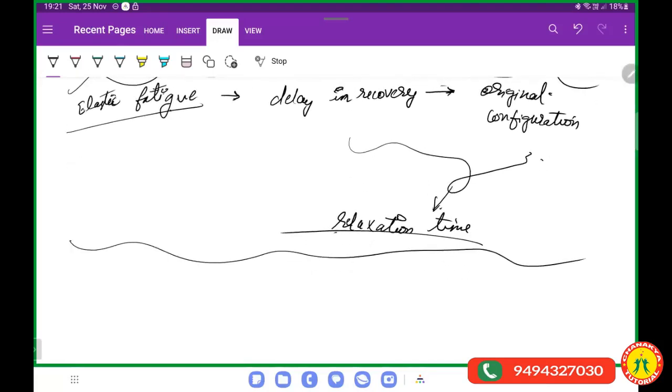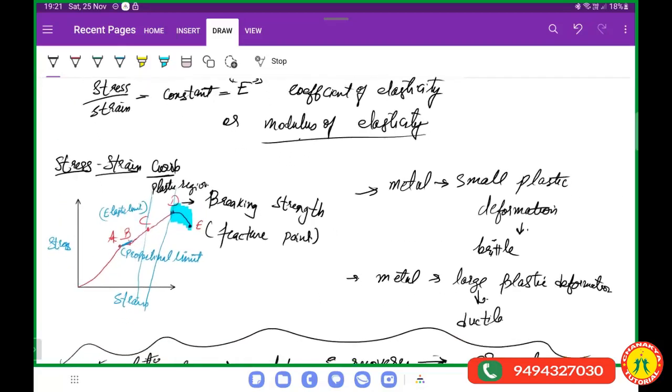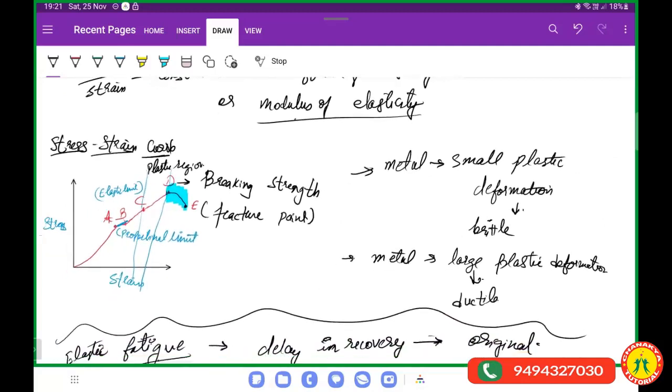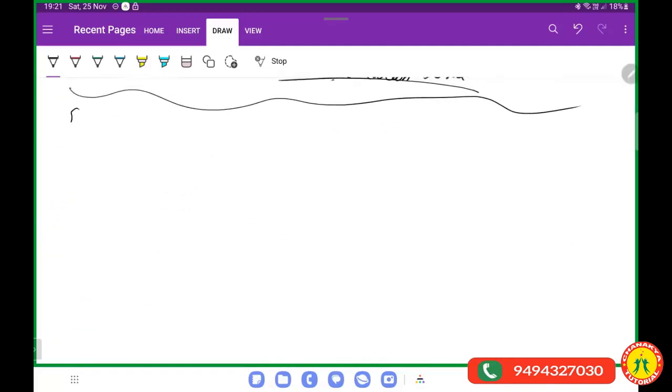Then next, we will see all the modulus. Modulus means dependency. Elastic moduli or modulus.